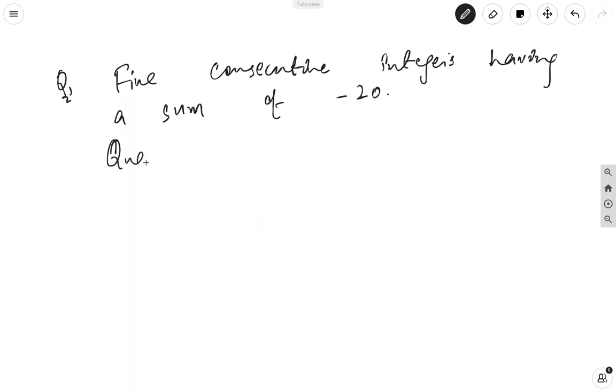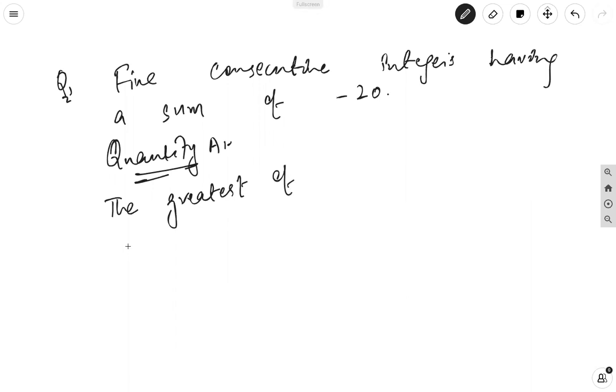Quantity A is the greatest of the 5 integers. And quantity B is 0. Just solve this question now. Is quantity B bigger? Quantity B is greater.